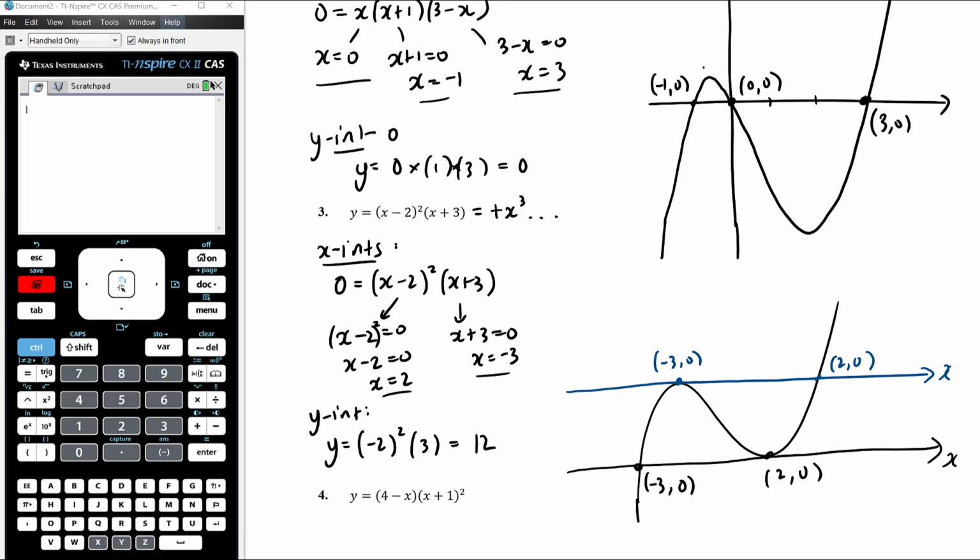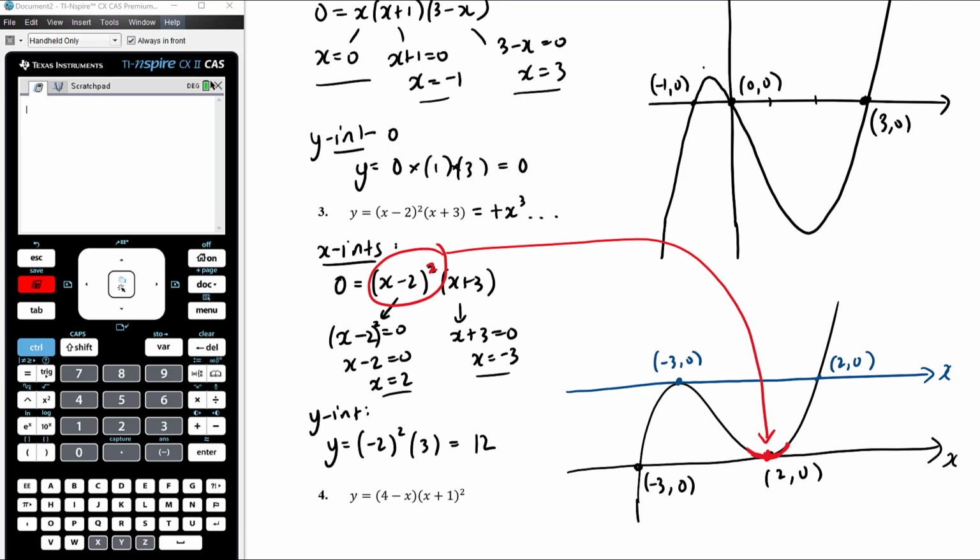Okay, and the clue is this. So the fact that it's the x minus 2 bracket that is squared means that that's the x-intercept where we will have the squared behaviour, the turning point. The graph will look, it's not a parabola, I don't want to confuse things mathematically, but it will look a bit like a parabola shape at x equals 2.